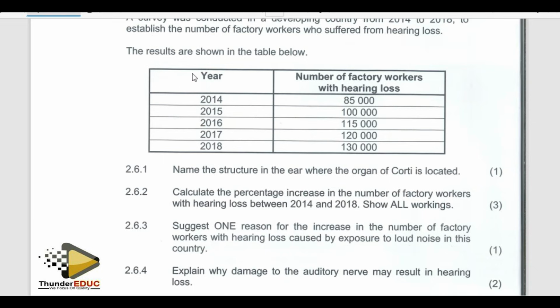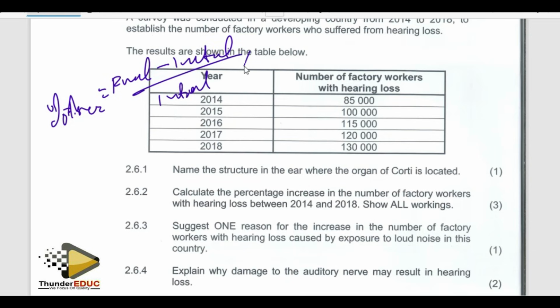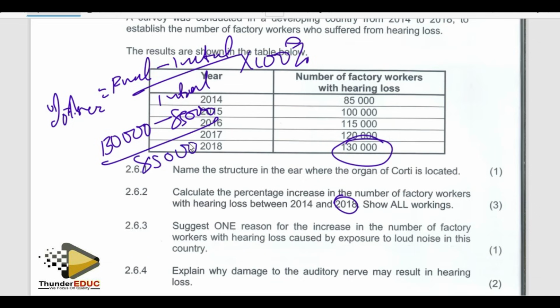Percentage increase is equal to final minus initial, over initial, times 100%. What is final? 2018. So my final is 130,000, minus the initial, which is 85,000, divided by the initial 85,000, times 100%.